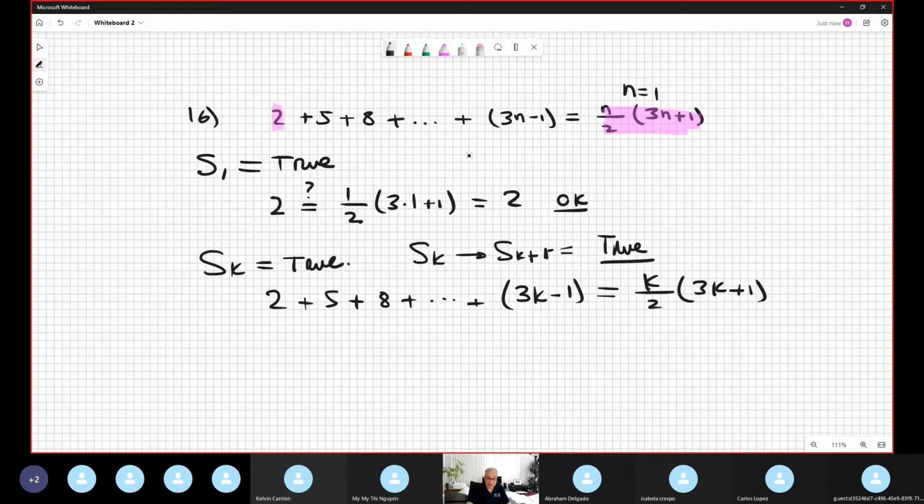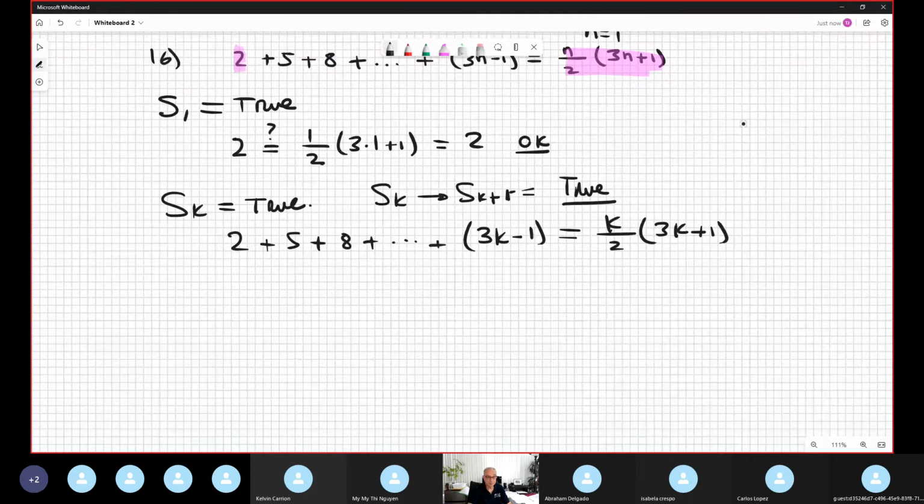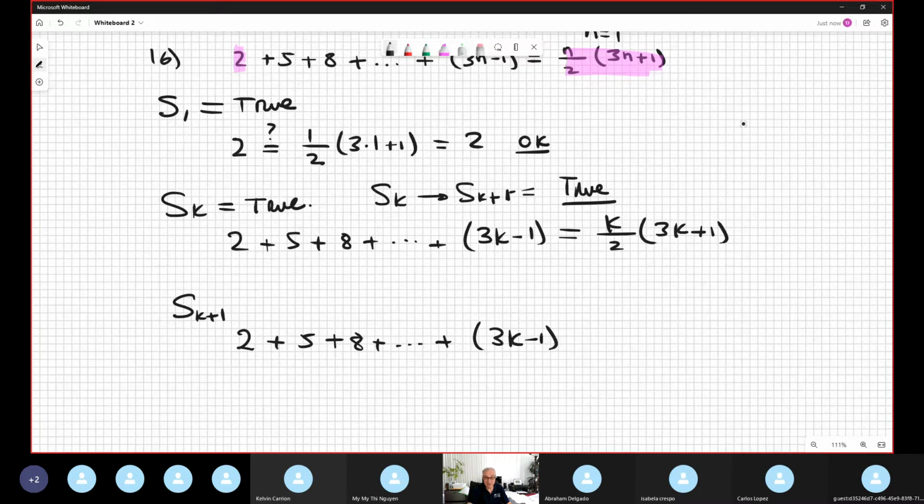How do you prove that? Easy. You copy now statement k plus 1. I copy 2 plus 5 plus 8 plus ... You copy this exactly the same, don't change. And you include one new term, which is for k plus 1.